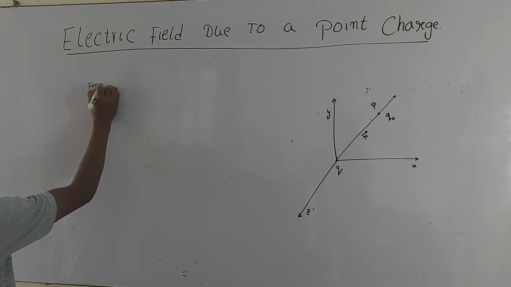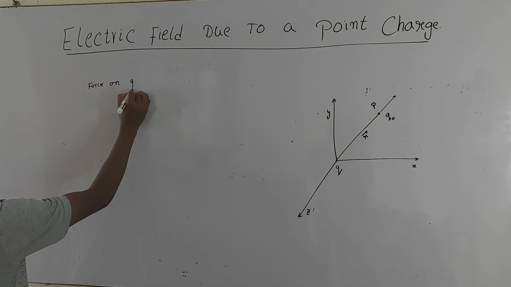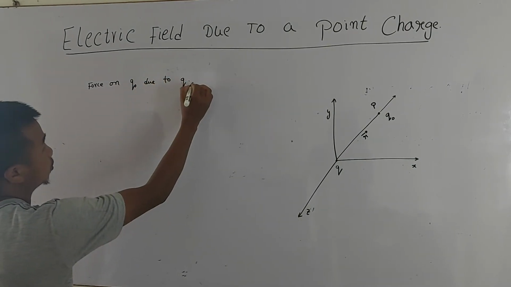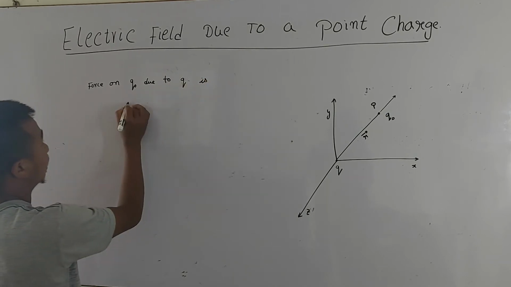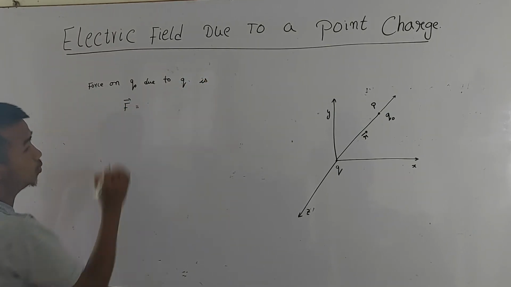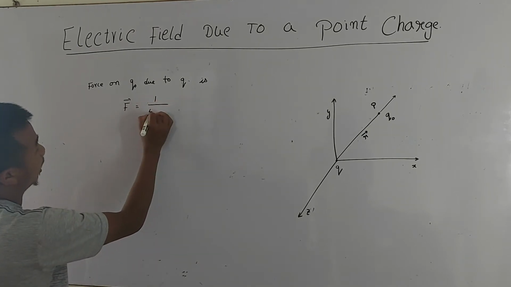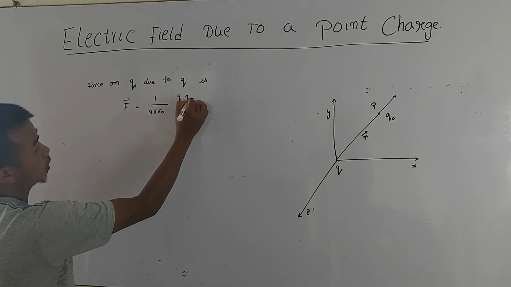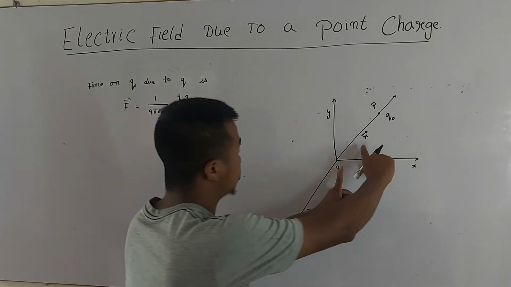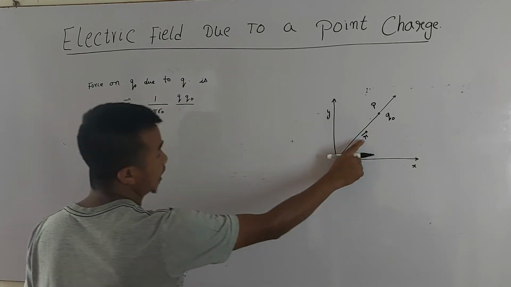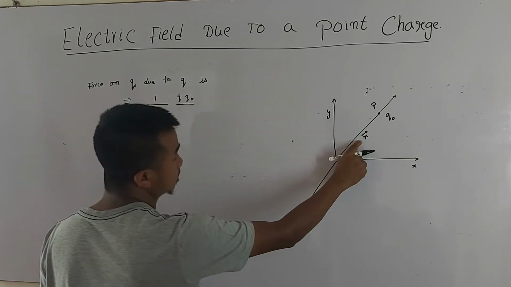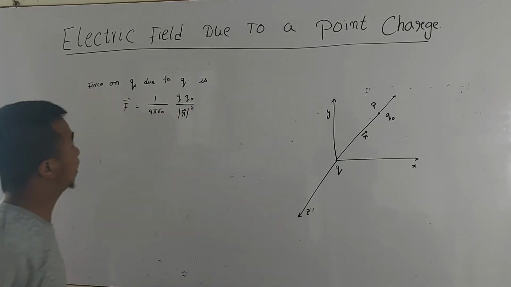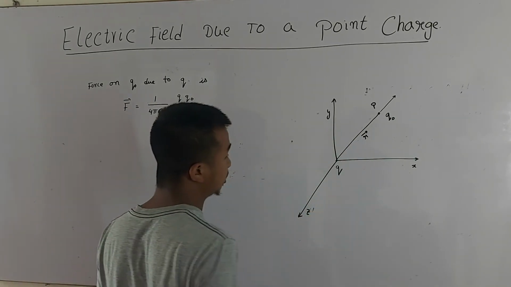So now the force on Q0 due to Q is F equal to 1 by 4 pi epsilon naught, Q Q0 divided by, what's the distance from Q to Q0? It is r. Here it is a vector, so I can put mod of r square. In which direction?